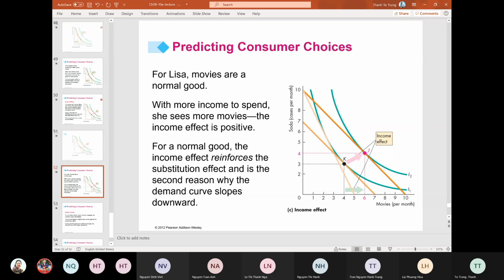Why do we call it a normal good in this case? Because if you see the income effect from K to J, this is the increase in movies because of the increase in income.